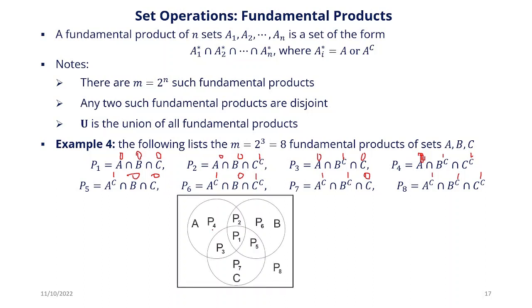So when we put the 3 sets together, A, B, and C, this is what we have. So in this diagram, you discover that the first fundamental product P1 is the intersection of all of the sets, all of them together. The second fundamental product, which is P2, is the intersection of A and B, so on and so forth.